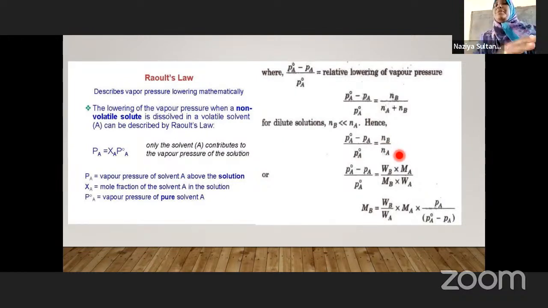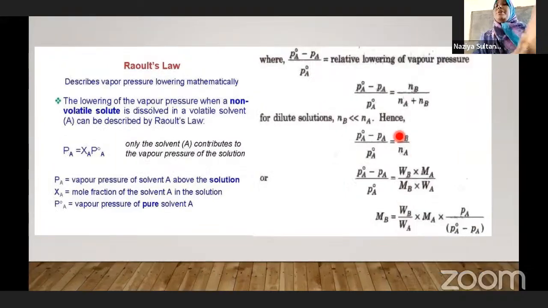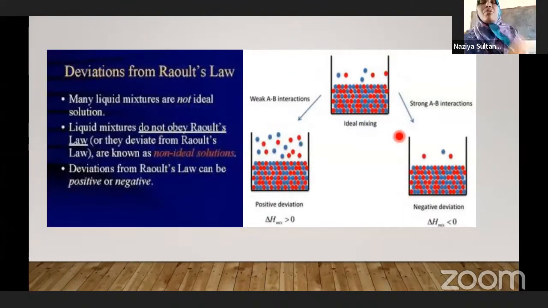Next, deviations from Raoult's law. The solutions which obey Raoult's law are called ideal solutions, and the ones which do not obey are called non-ideal solutions. Why are the solutions unable to obey Raoult's law?